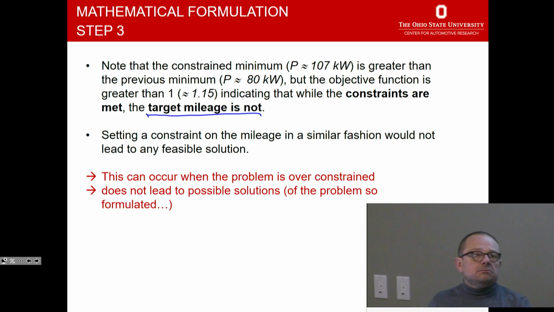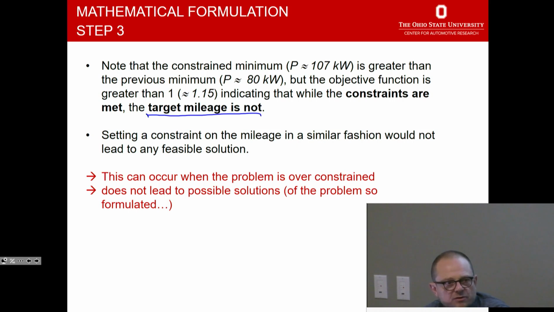In fact, let's think about a case where I would not be able to solve the problem, period. If I now said, oh, let me find the solution in which I constrain the target mileage as well, just like I constrained the acceleration and top speed. And if I try to set the target mileage around 30, that's what I want to do.